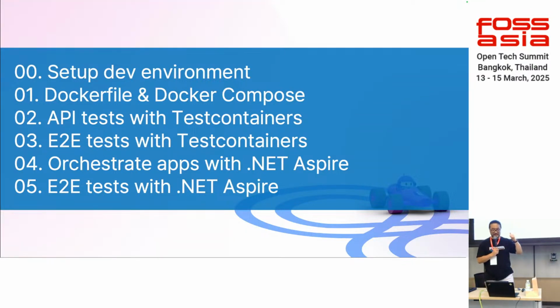The first one is setting up your development environment, and the second one is using Docker and Docker Compose, the third one is API testing with Testcontainers, the fourth is end-to-end testing using Testcontainers and Playwright, the fifth is .NET Aspire orchestration, and finally end-to-end testing with .NET Aspire and Playwright.